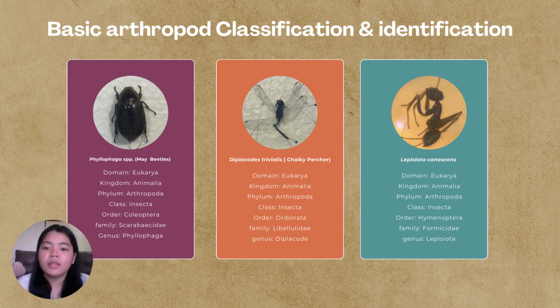Moreover, the family of the May beetle is the Scarabaeidae, the family of the dragonfly is Libellulidae, and the family of the ant is the Formicidae. Lastly, the genus is Phyllophaga in May beetles, the genus of the dragonfly is the Diplacodes, and the genus of the ant is the Lepisiota.